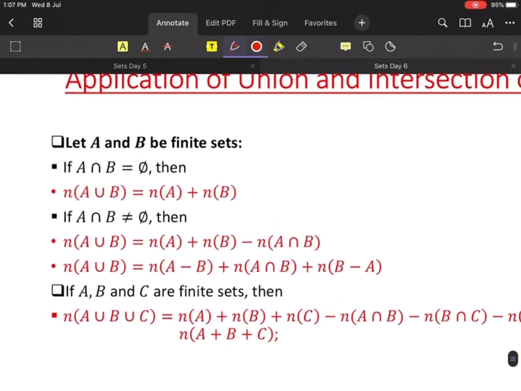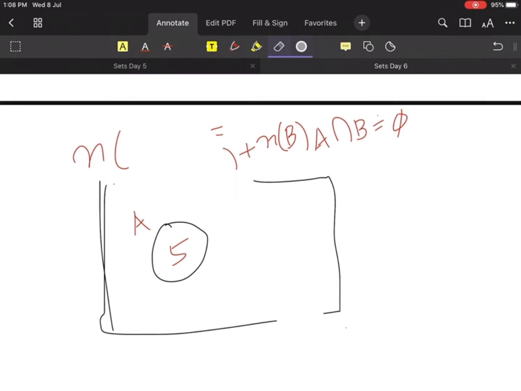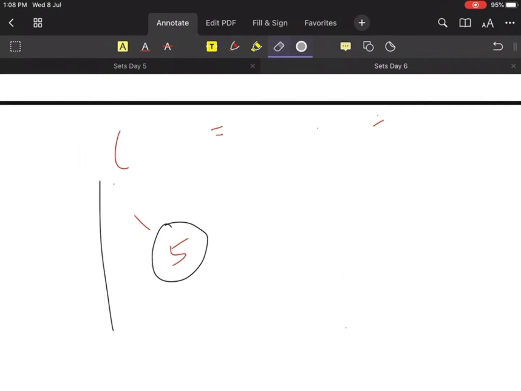Now the next formula is when A intersection B is not a null set. So this one means what? They have something common, right? Understood? Now if they have something common, then what happens? Let me rub this thing.